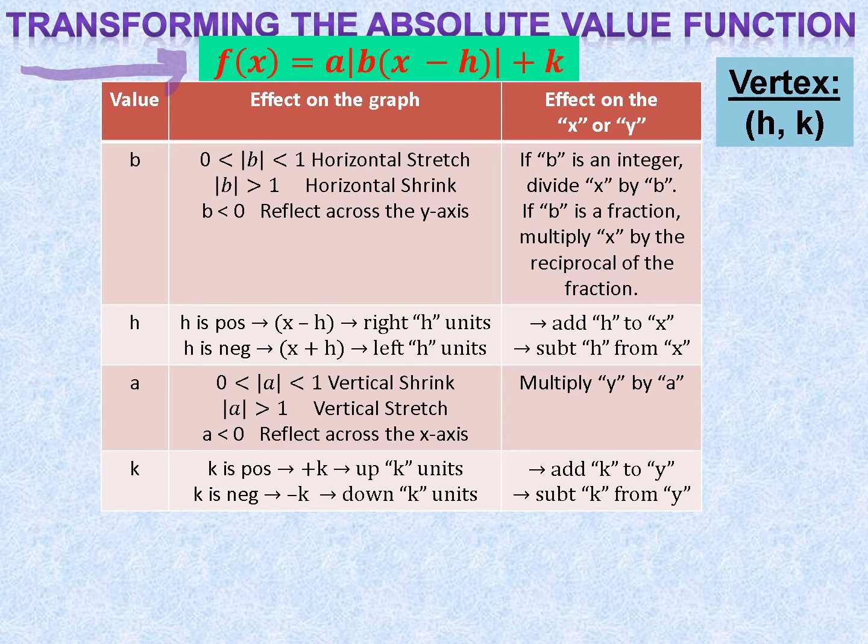Now, here is where we talk about if your b is negative. If your b value is negative, that means it's also going to reflect across the y-axis. So it's going to flip over the y-axis. The first thing you want to do is consider just the b itself. Ignore the sign. Does it have a horizontal stretch? Does it have a horizontal shrink?